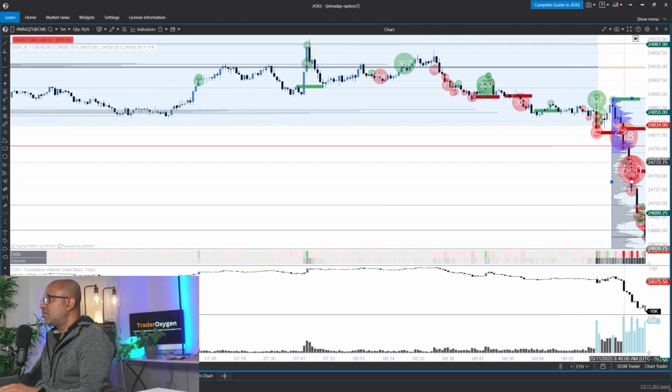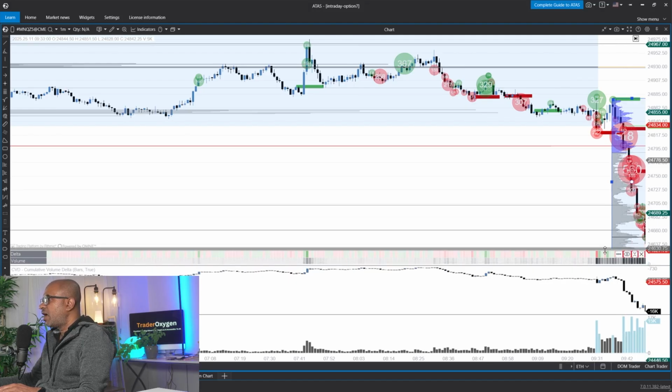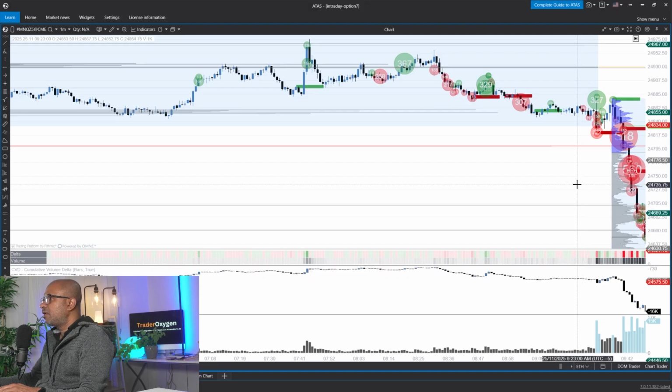In the 1 minute chart, you can see the sharp red delta, the cumulative volume delta is also negative, and the high volume. So this all supports a potential bearish trade opportunity.